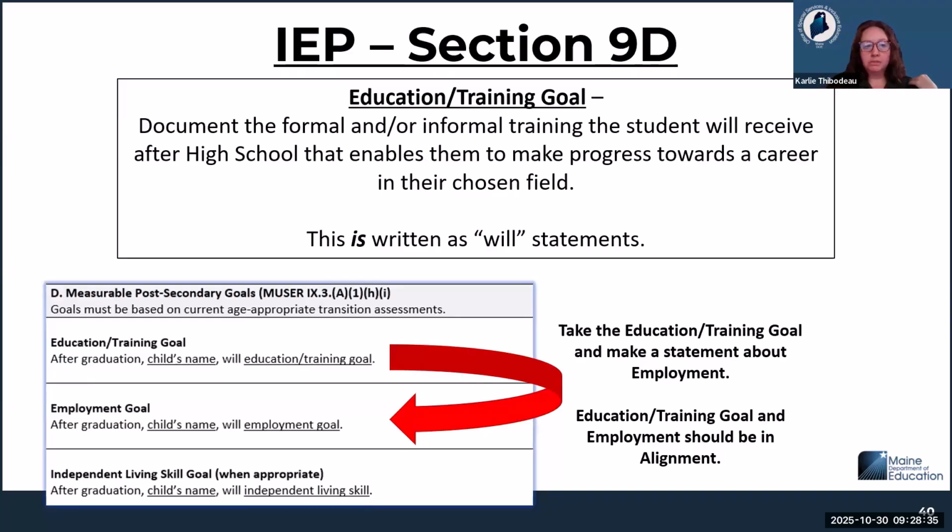So these are written statements about what the student will do. And a note about education and training and employment: they really should align to each other. If the student is planning on getting education and training in a certain field, then that employment should be aligned to that field that they're getting that education and training in.